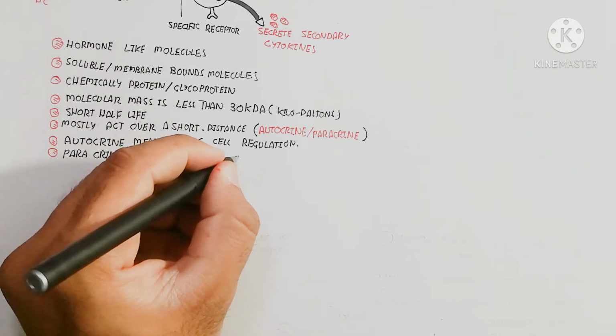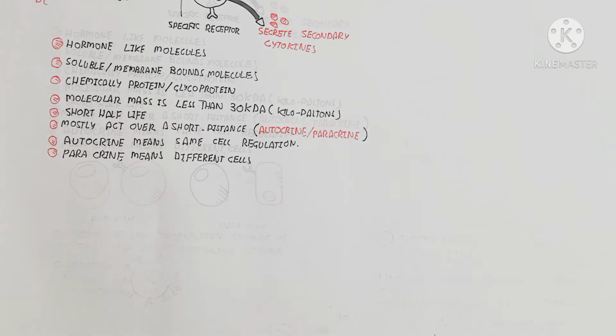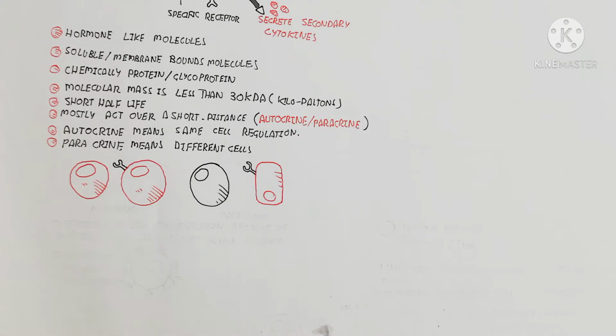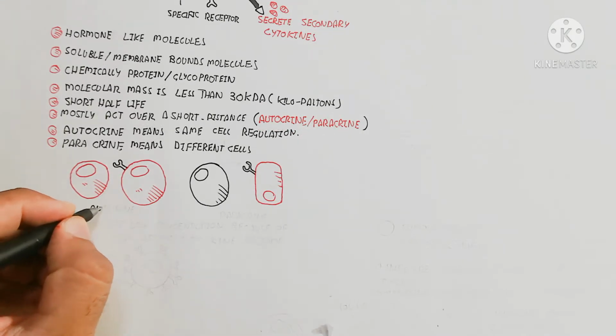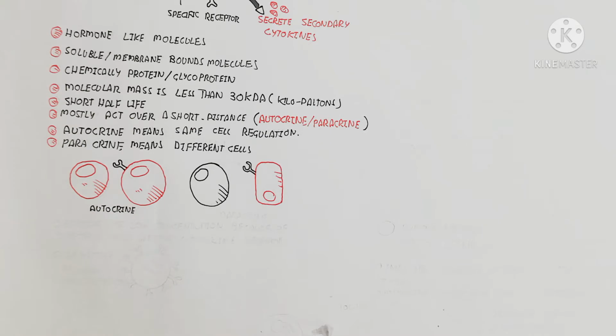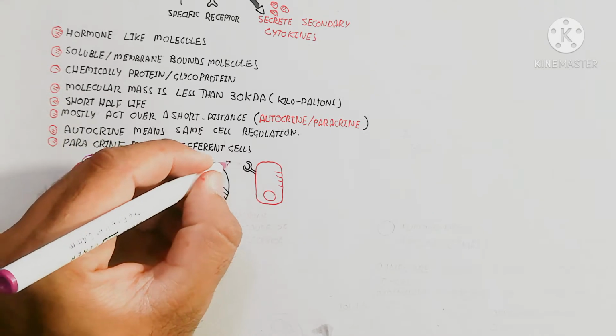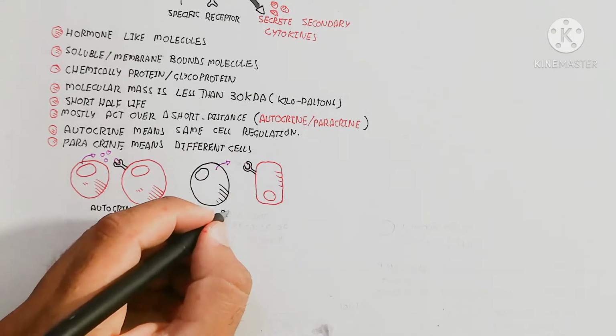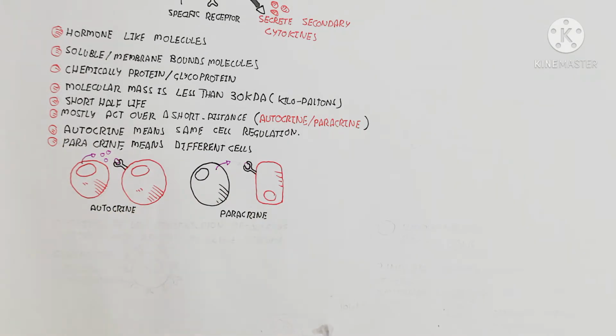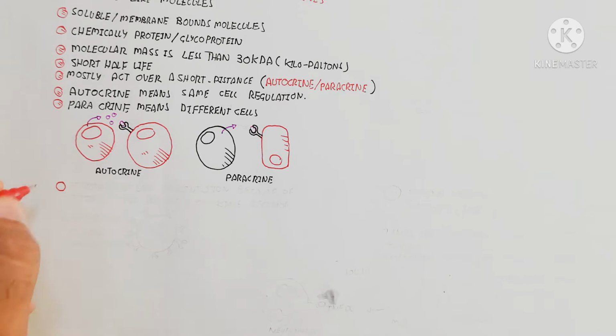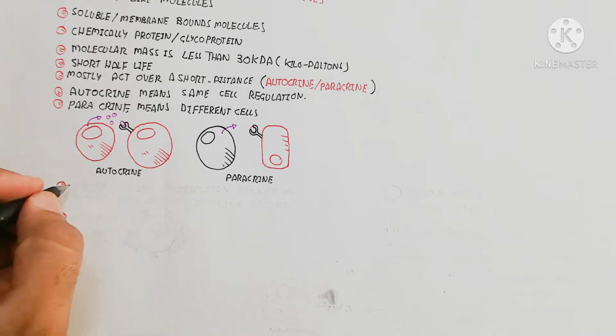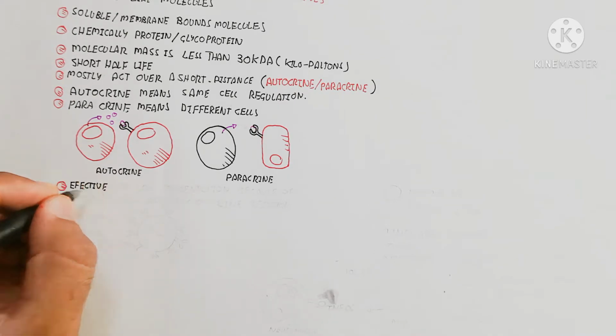Autocrine means same-cell regulation, while paracrine means a different cell is stimulated. Here is a diagram to understand: in autocrine the same cell, while in paracrine one cell produces the cytokine to stimulate another, different cell.